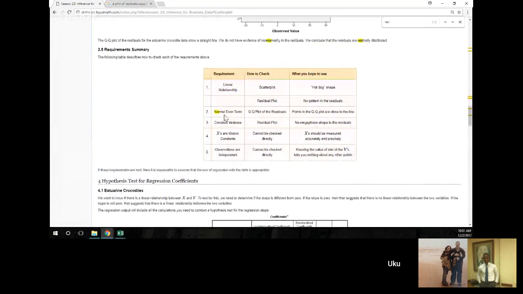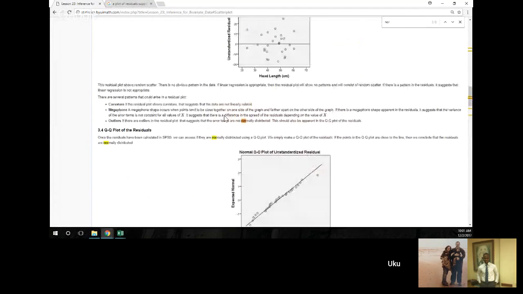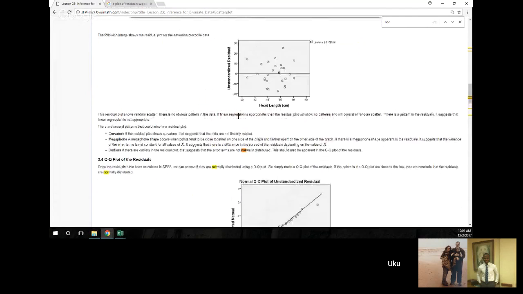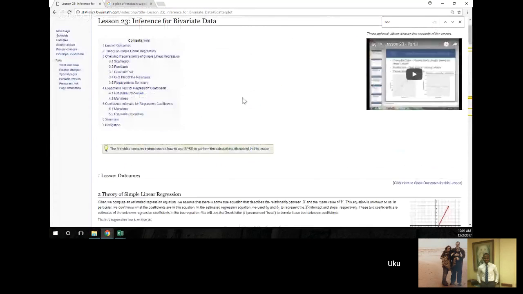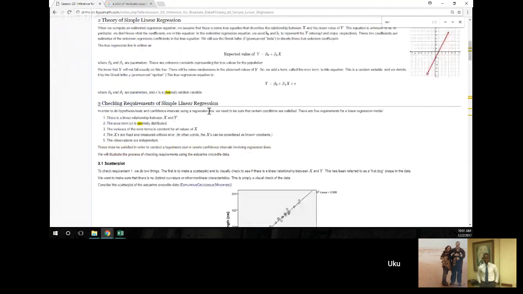Megaphone suggests that the variance of the error terms is not constant for all values of x. There are outliers in the residual plot that suggest that the error terms are not normally distributed.